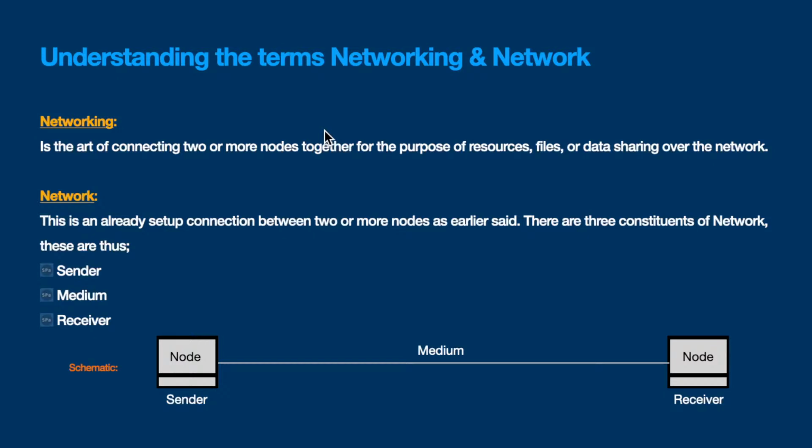The sender could also mean the server, while the receiver is the client. A client is an individual sending a request. Then the server sends back a response to you. So in that regard, the sender serves as the server, and the receiver as the client.